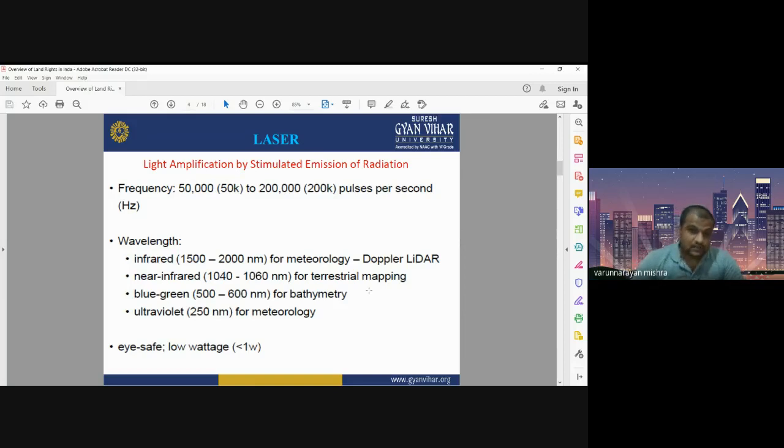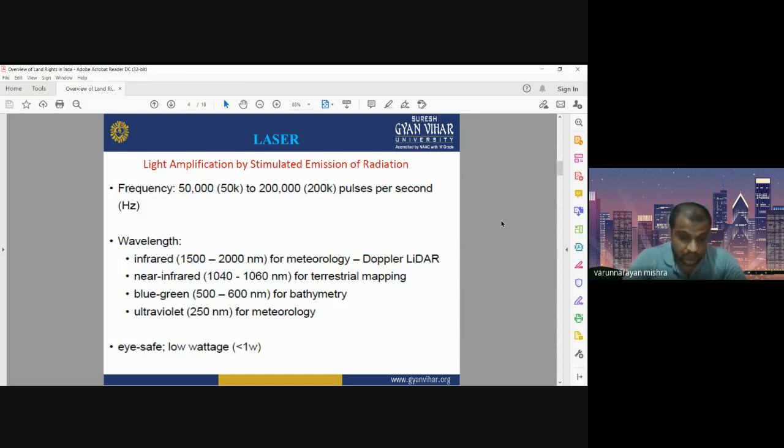The laser or optical pulses we are using in lidar, its power should be below 1 watt, so that it does not harm your eyes. So these are some properties of laser, and you should remember the full form of laser: light amplification by stimulated emission of radiation.